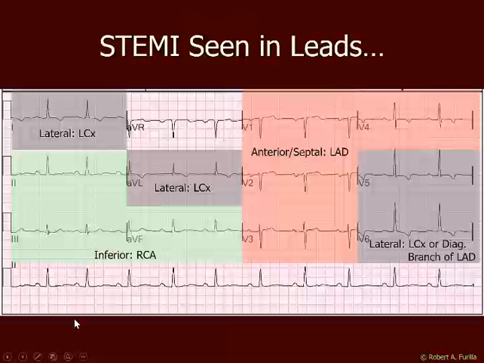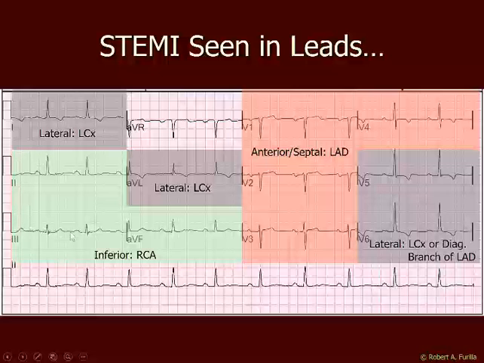One way to picture this is to create blocks on a standard 12-lead electrocardiogram with 1, 2, and 3 on the far left and V4, 5, and 6 on the far right. So we refer to these as the inferior leads. A STEMI in the inferior leads would be caused by the right coronary artery.